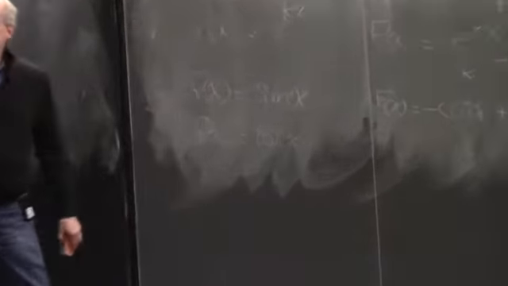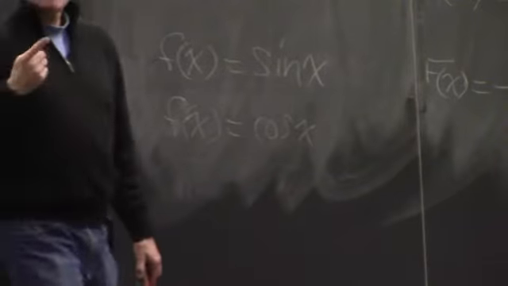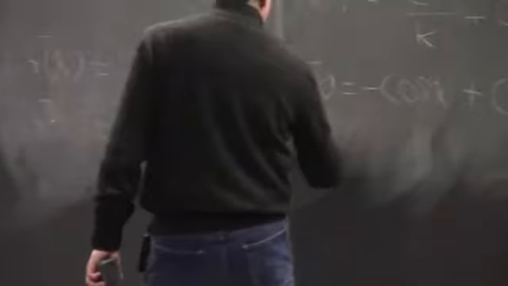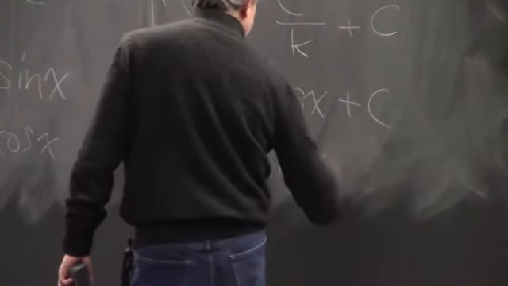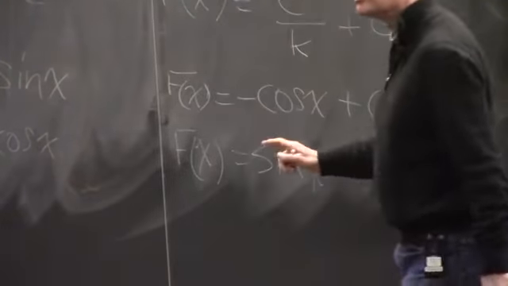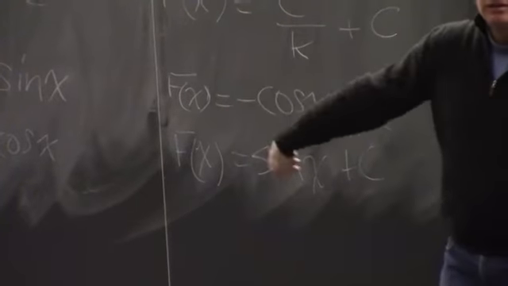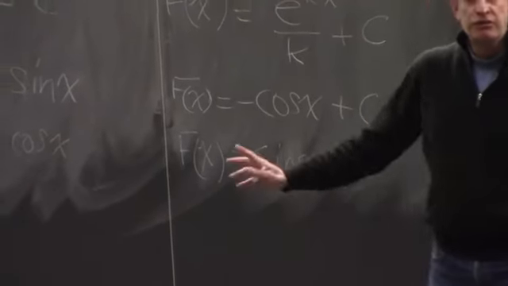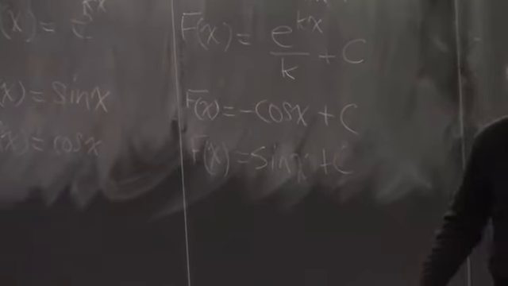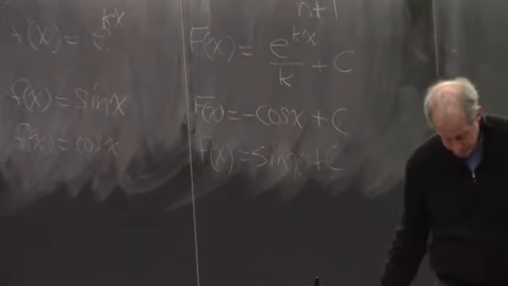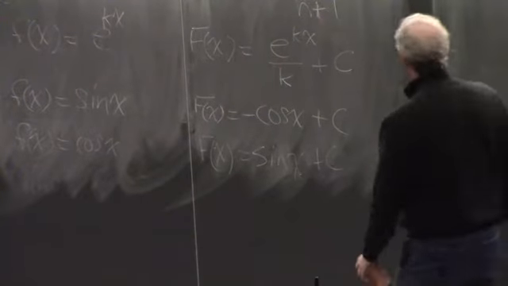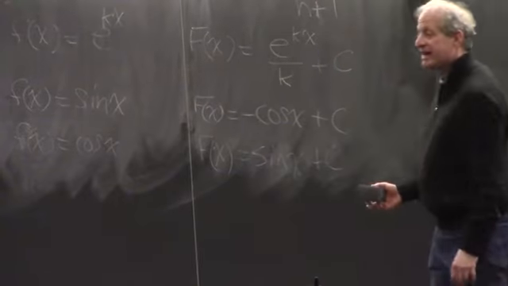Well, the derivative of cosine was minus sine, so the antiderivative of cosine would be positive sine. Why? Because the derivative of sine is cosine. Okay, so just always remember you're going the other direction. Alright? I'm going to erase that in a minute. Make sure you've all got it perfect.